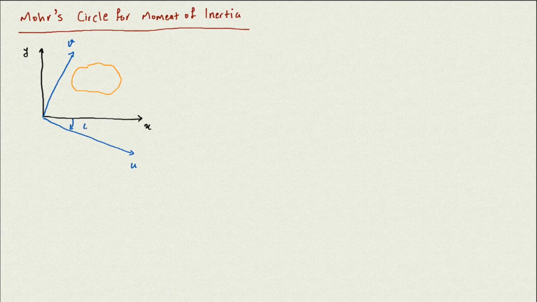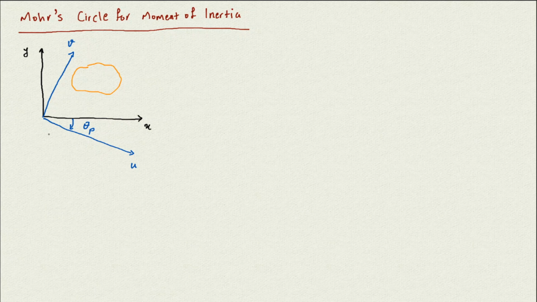Assume this is theta p. So I rotate the x-axis until I get to u, where the maximum moment of inertia happens. If the maximum happens at u, the minimum would happen at v because it's 90 degrees apart, as we said. The maximum and minimum values of moment of inertia are 90 degrees apart.